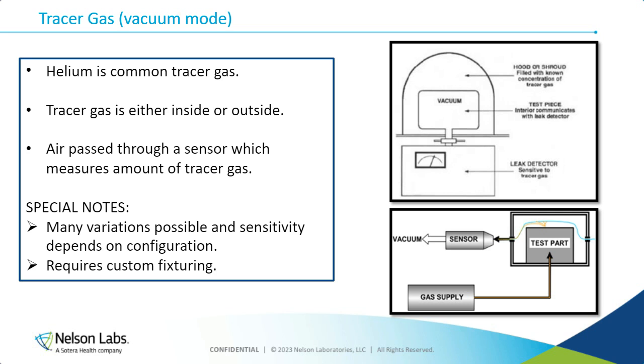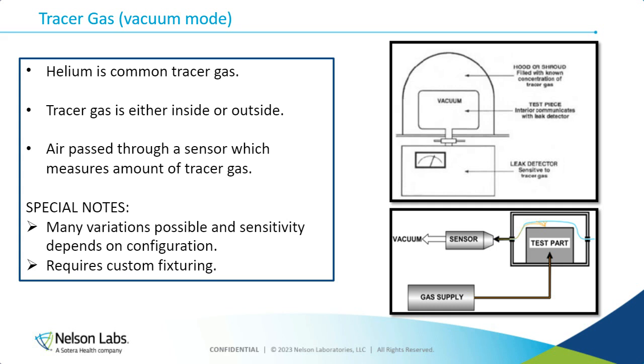The picture on the bottom kind of shows how this might work, where I have a gas supply. This would be my helium that's in yellow, that's being charged into the product. And the sensor is picking up what's in the test chamber, and the blue would be just normal atmospheric air. But in this particular test part, there's a leak, and so it's also picking up some of the helium.